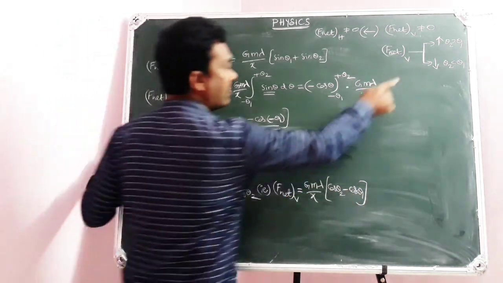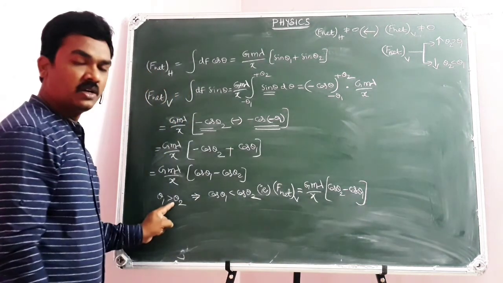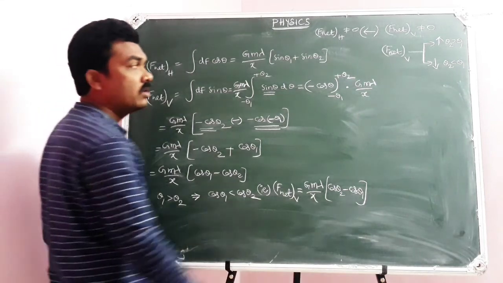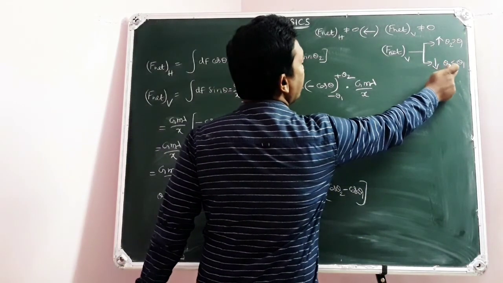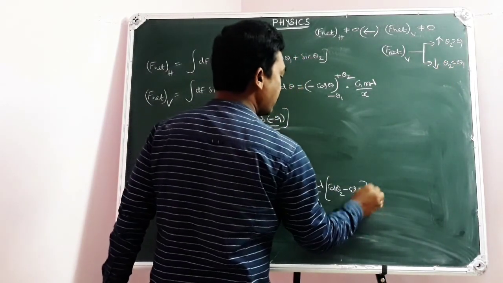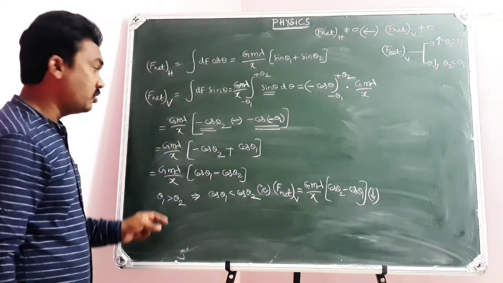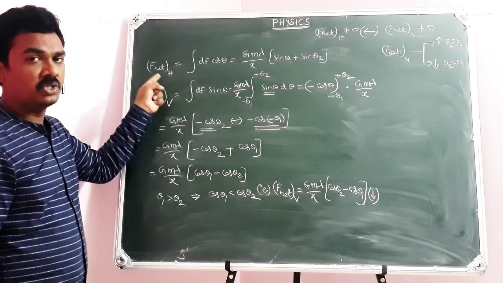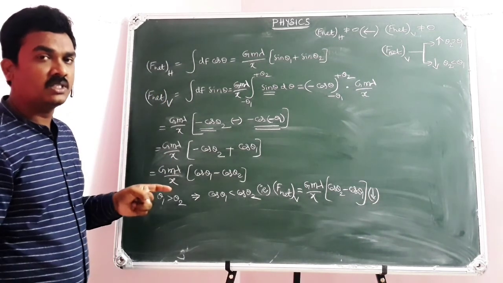In which direction? I have written, when theta 1 is greater, then the number of elements in the lower portion will be more, so the force will be in the vertically downward direction. These are very important conclusions in the case of net vertical force. With the net horizontal force, no more issues. It will be horizontally towards the rod.